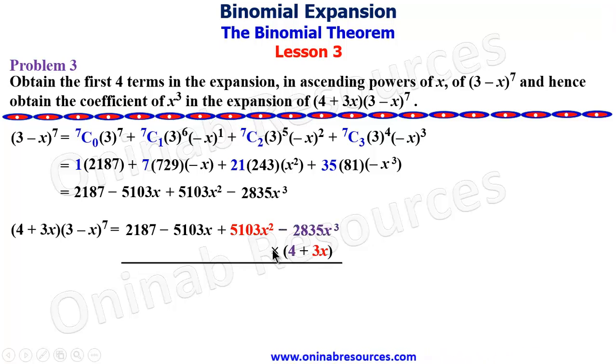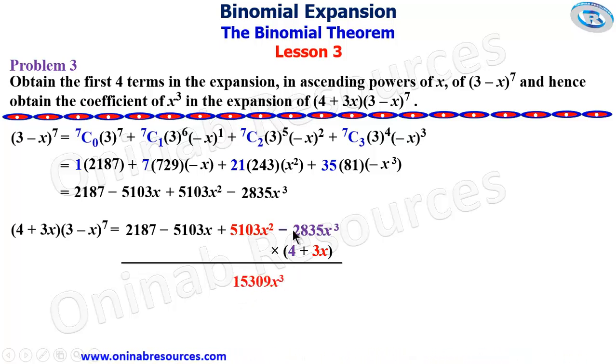You can see, the 5103x squared, we multiply by 3x, and 2835, we multiply by 4. So this 3x times 5103x squared will give us 15,309x cubed.